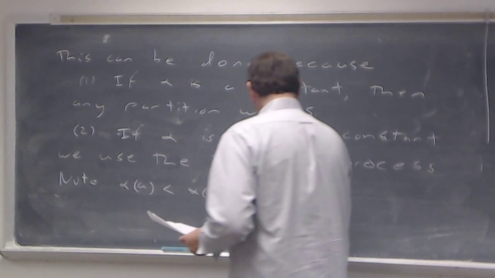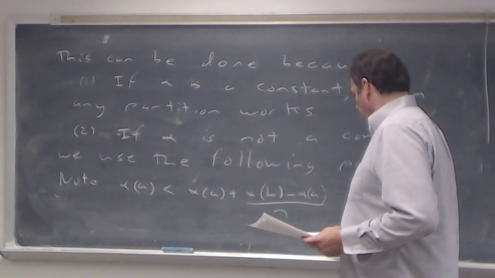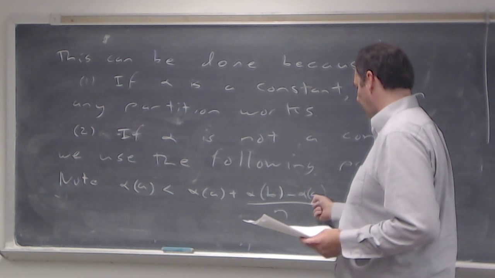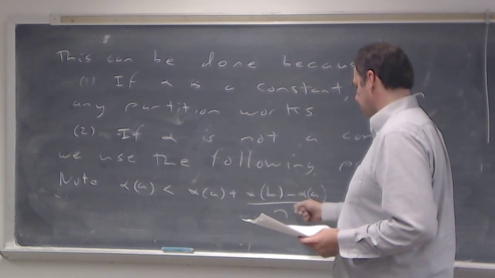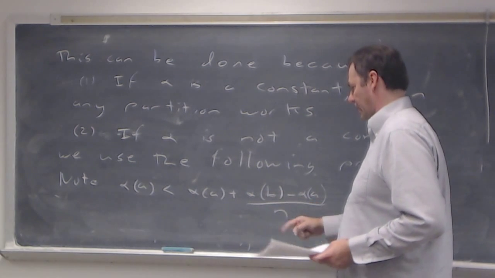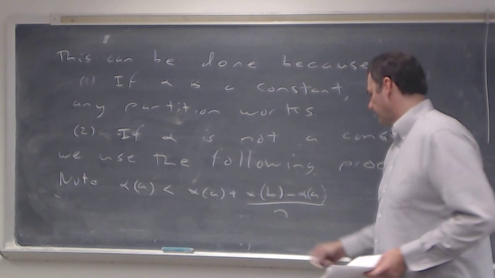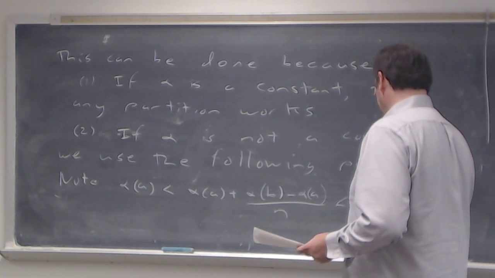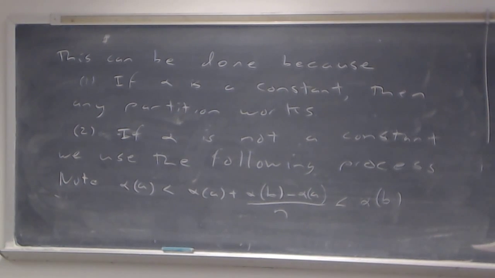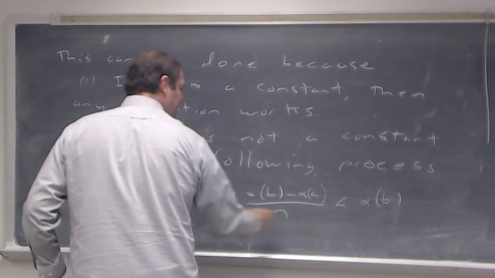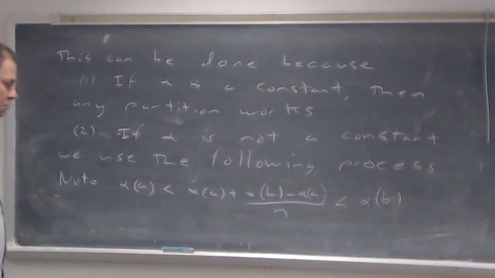So this is breaking up the distance between alpha of B and alpha of A into n parts, and I'm just going to add 1/n of that distance to alpha of A. And that's going to be less than alpha of B. We didn't make it to it. And so this is some number in between these two output values.